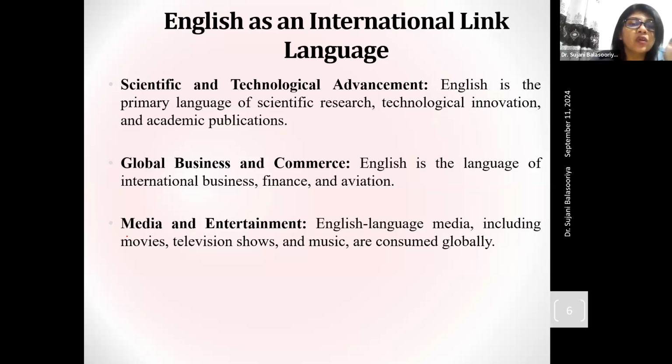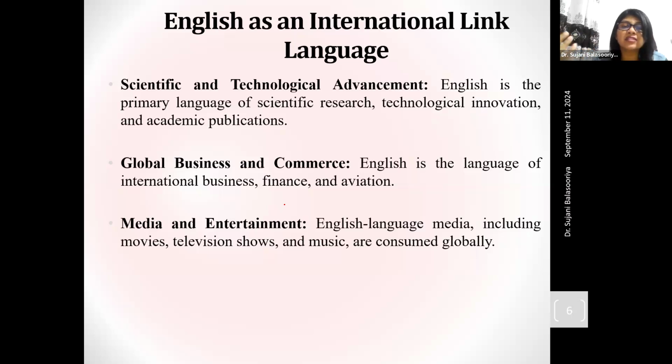There's another one, global business and commerce. English is the language of international business, finance, and aviation, right? Now this is a global village, we are telling the world is a global village. So everything is interconnected, right? So we are living in a global world, right?